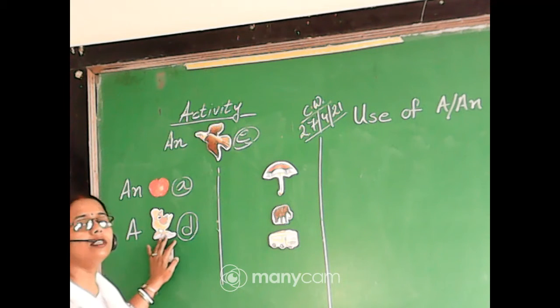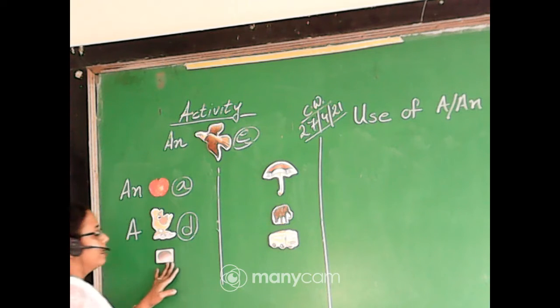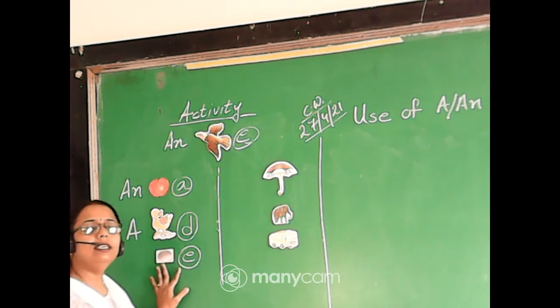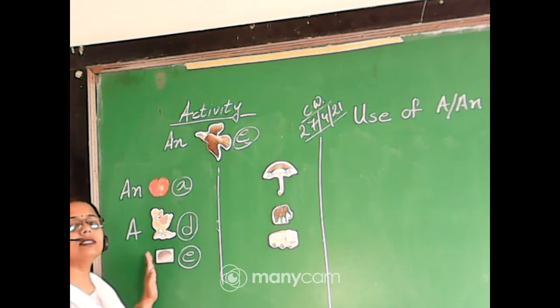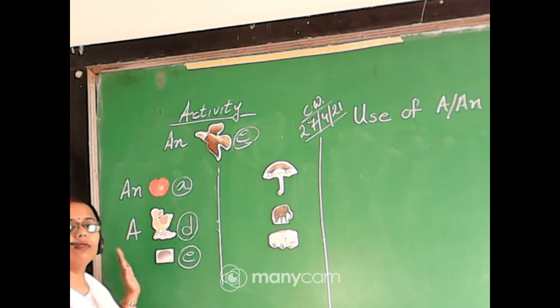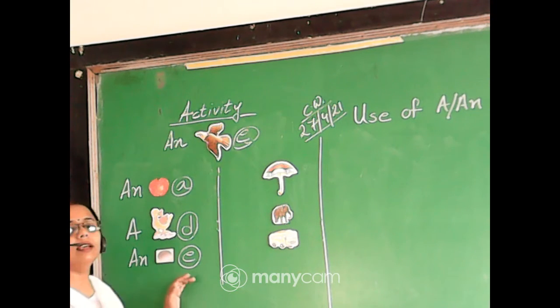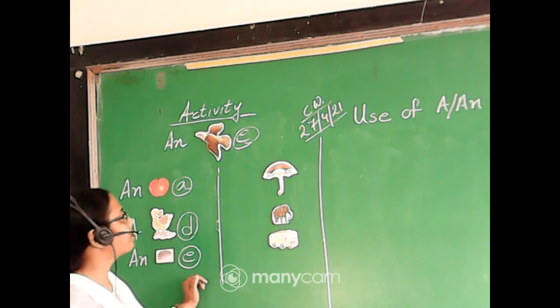It's a duck. Next is egg. Egg starts with E. E for egg. It's a vowel, so we will place an before it. An egg.